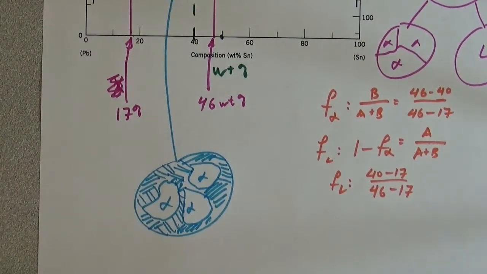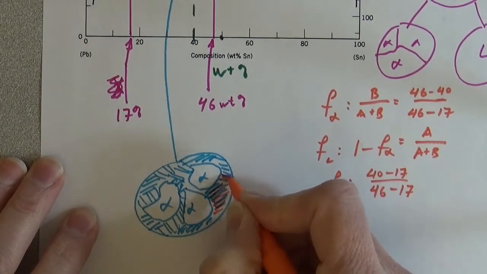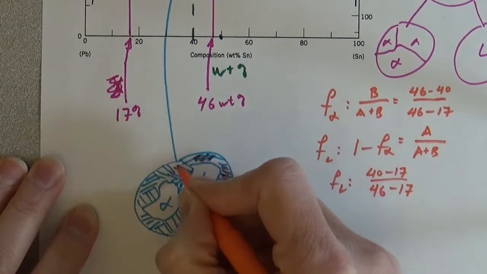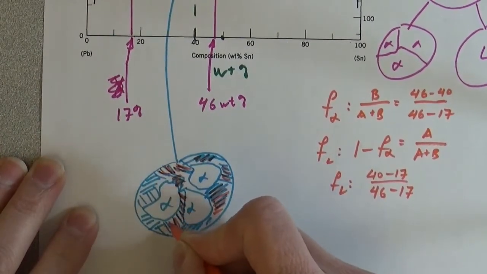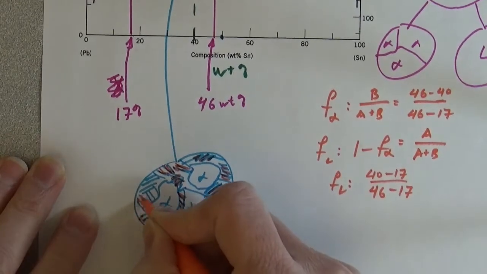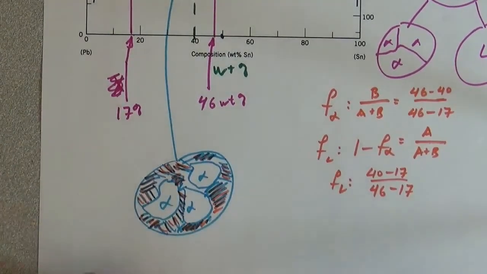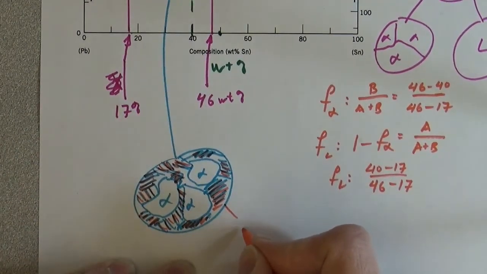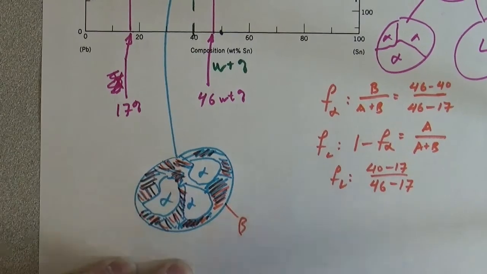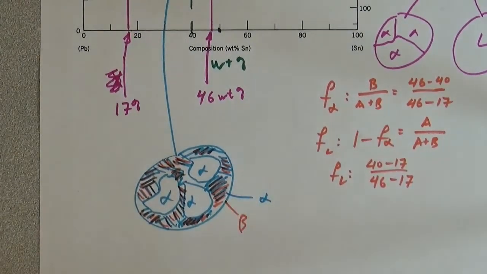So we're going to have alpha plus beta phase, beta and alpha.